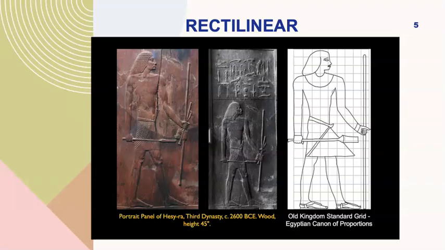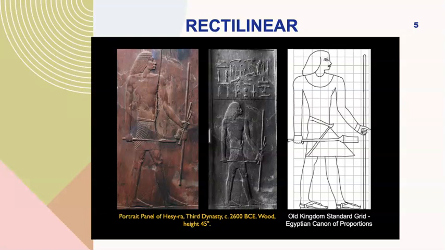Let's quickly go over rectilinear art. Egyptian art, similar to Mesopotamian art at the time, was focused on rectilinear, where things exist in straight lines, as we can see here in this image. The body is faced towards us in terms of its shoulders, but the face and the arms and the legs are all facing to the side.